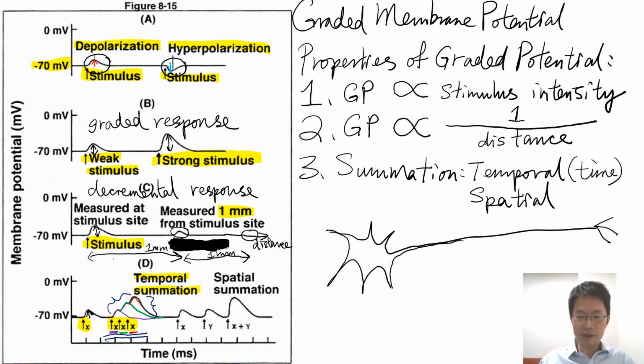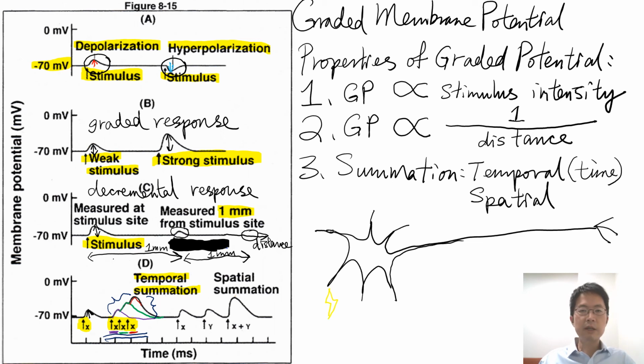These are the dendritic branches. Now let's give them an electric shock. Let me give a mild electric shock at this end here.